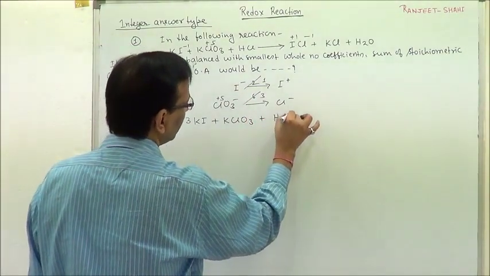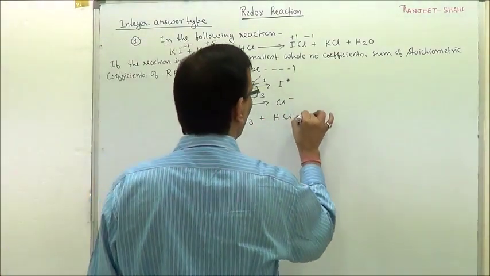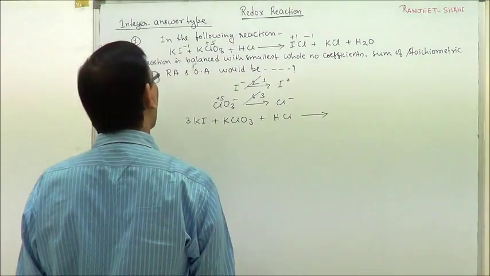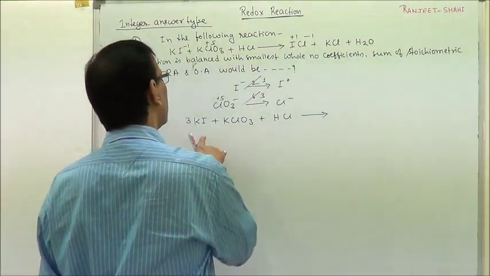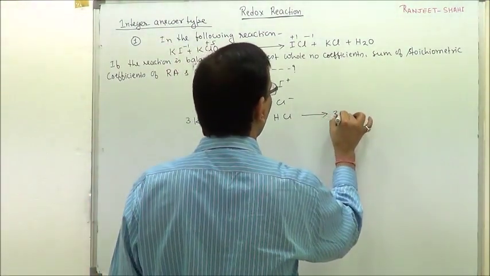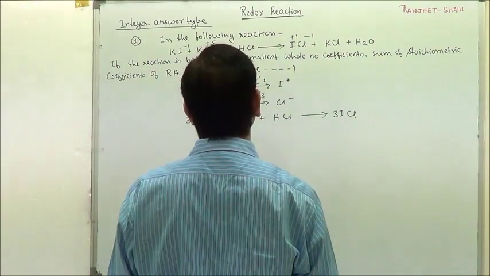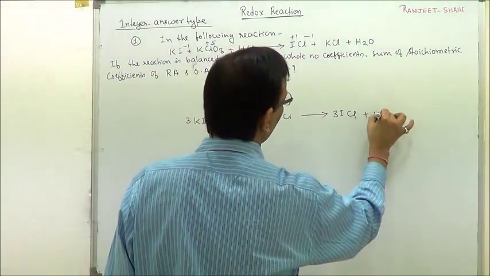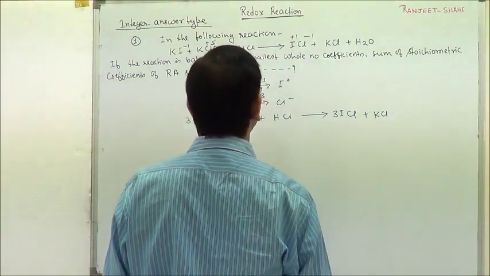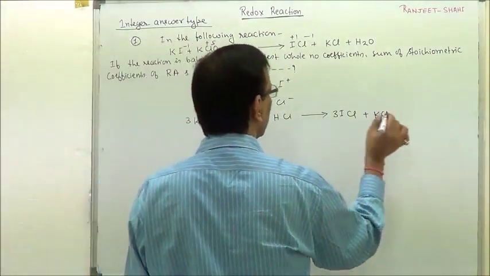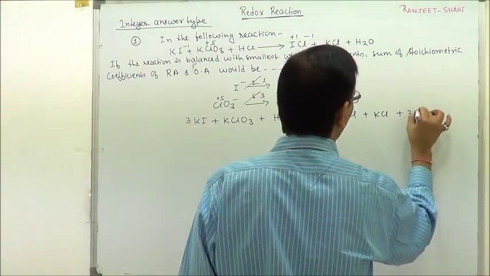Some HCl will also be there. Will give ICl. So 3I, so 3 ICl, KCl. We'll see how many KCl is required. And 3 oxygen, so 3 H2O also.